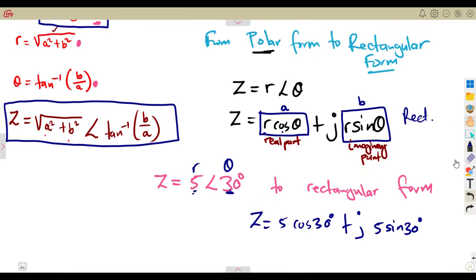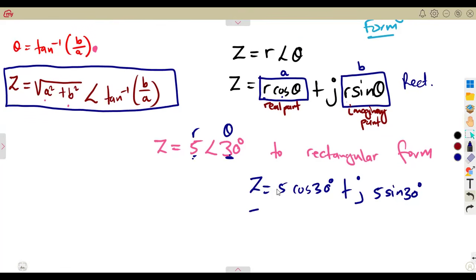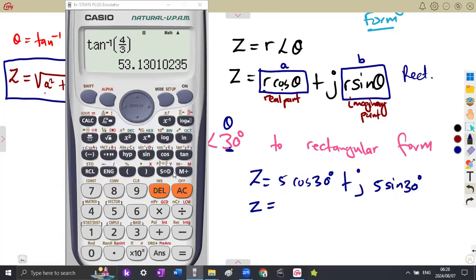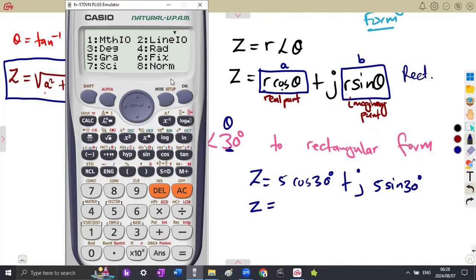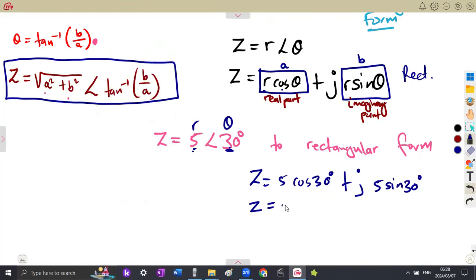We can simplify this to obtain this in the rectangular format. That is why the conversion is important. So that's 5 cos of 30, and that is going to be 4.33. All right, you can also do this, guys. Shift, then setup, then fix your calculator to 3 decimal places.